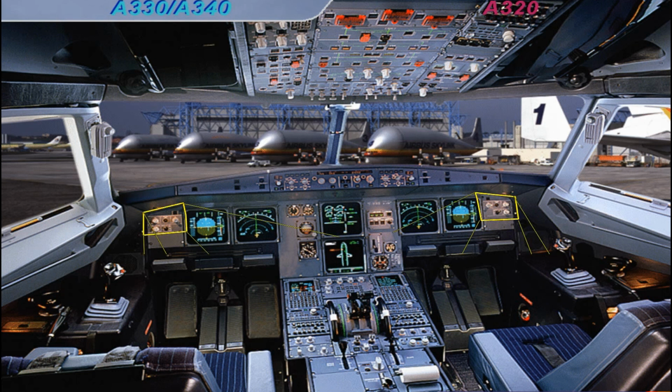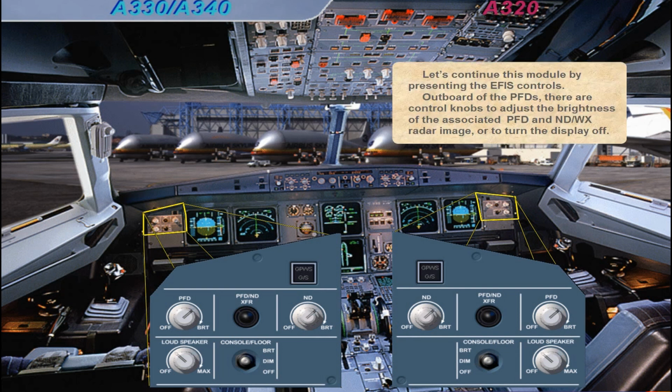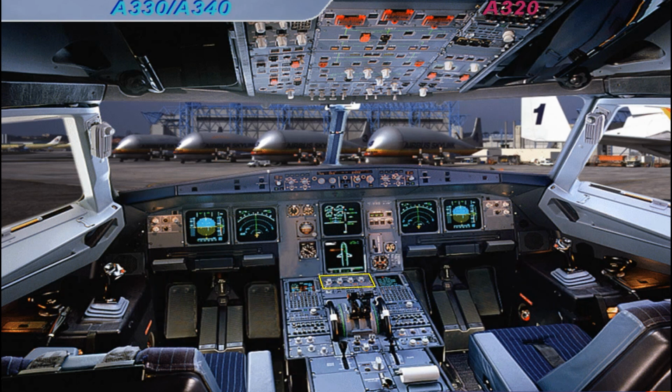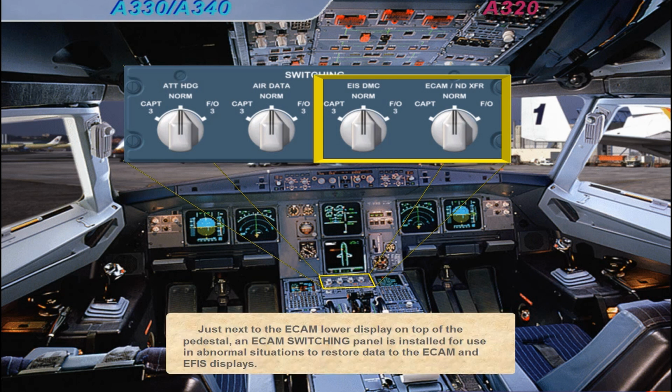Outboard of the PFDs, there are control knobs to adjust the brightness of the associated PFD and ND weather radar image, or to turn the display off. Just next to the ECAM lower display, on top of the pedestal, an ECAM switching panel is installed for use in abnormal situations to restore data to the ECAM and EFIS displays.